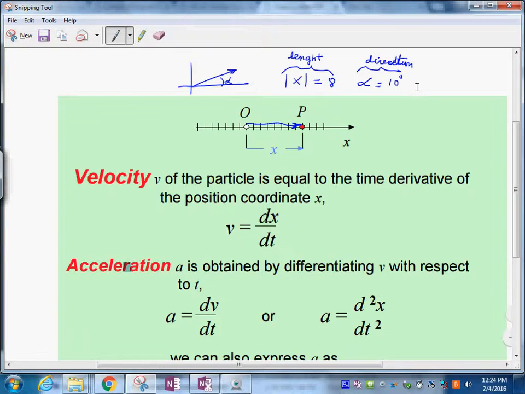Vectors always, you could say vectors have these two components, or you may say these two characteristics, yeah.